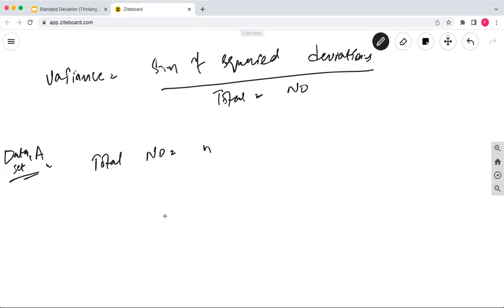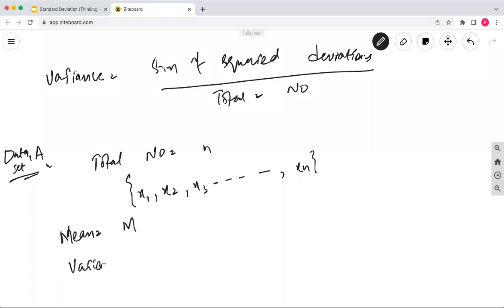So let's consider total elements. For example, we have x1, x2, x3 up to xn, and the mean is m, right? And we are given that the variance is 26.